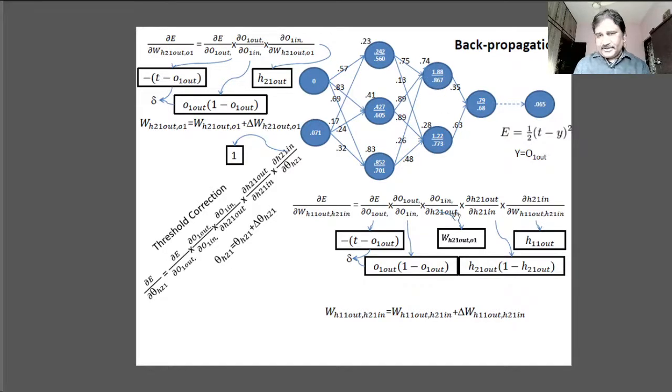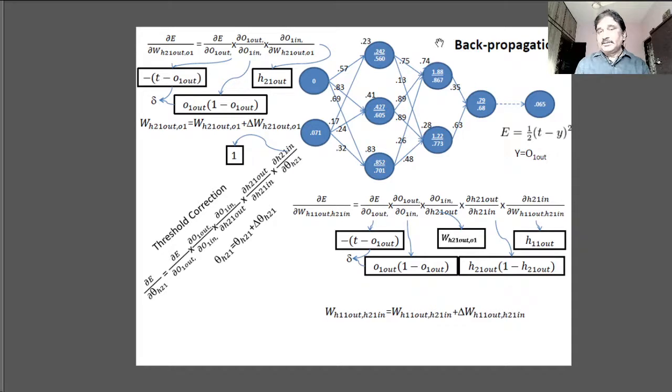So that is the advantage of having this combined into a delta value. Once I get delta value here, simply by multiplying this H12 out, H13 out, I'll be getting the corresponding weight correction. Okay, so I hope this process is understood.